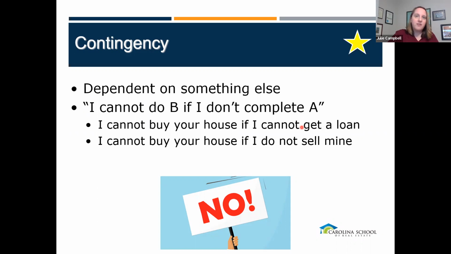What are those consequences? We'll look at that in Unit 10 with our contract. If a buyer goes into a contract and still has a house to sell, and that house does not close, the buyer is still obligated to buy. They don't have an out. There are no contingencies unless the parties agree to include one.